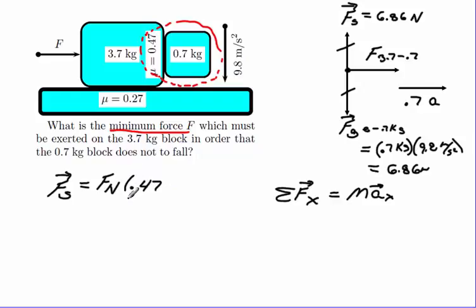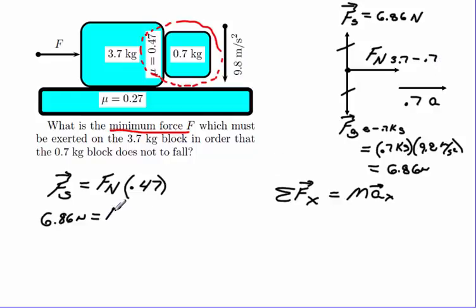Okay. Now I know my static friction is 6.86. So I put 6.86 newtons is equal to this one, and now my normal force is going to be this guy right here, right? That's what's pushing on this object. Let's change the terminology just a little bit. We'll call that F normal, and that again is going to be the 3.7 pushing onto the 0.7.